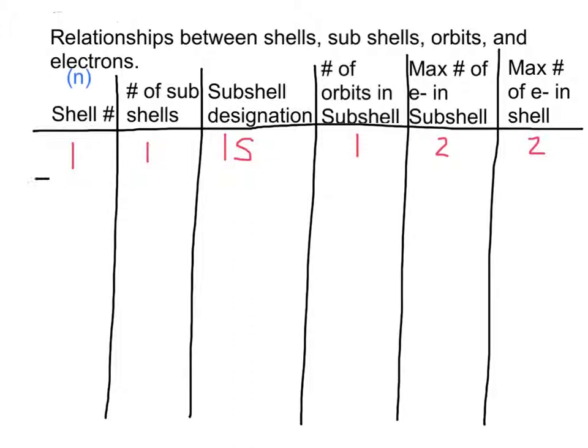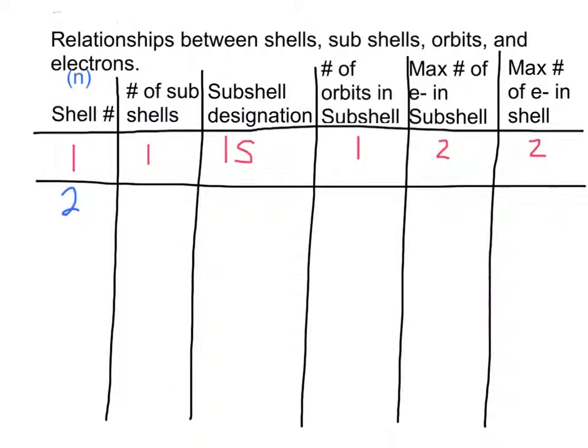So let's go down to the next row. The next row would be 2. The number of colors that we see going across on row 2, or that have a 2 in front of them, is 2, the yellow and the red. The subshell designations of those two colors: the yellow is 2s and the red is 2p.